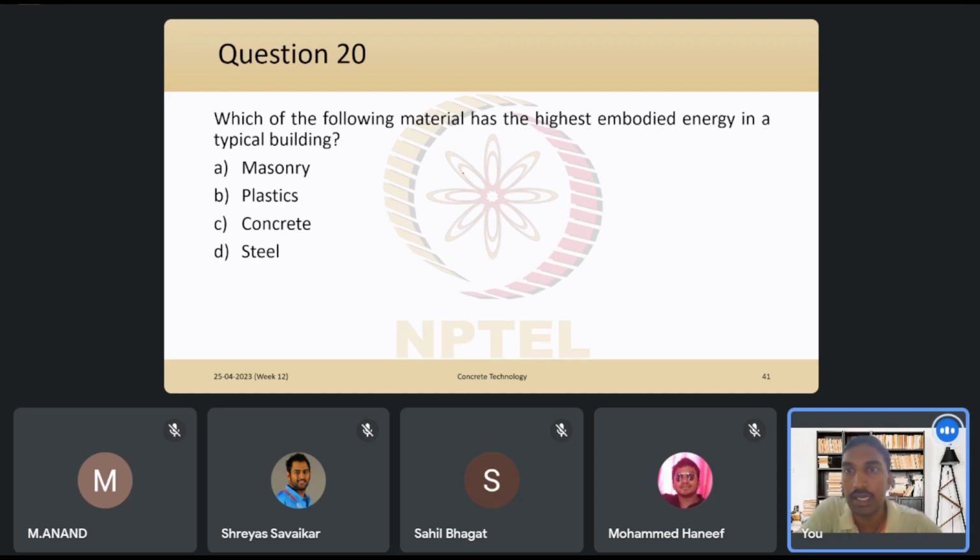Okay, question number 20 is which of the following materials has the highest embodied energy in a typical building? The options are masonry, plastics, concrete, and steel.